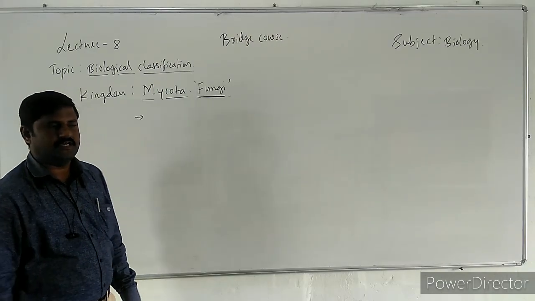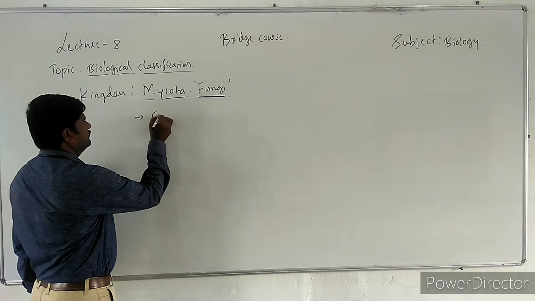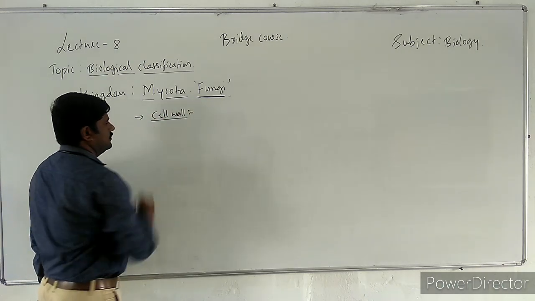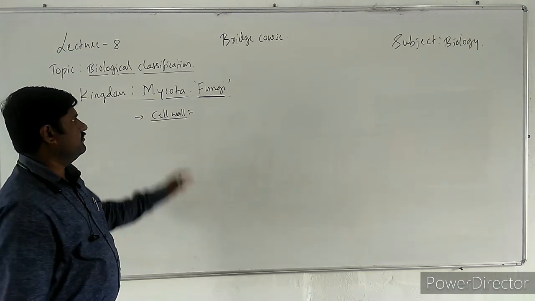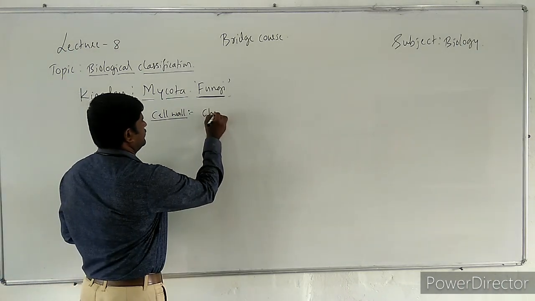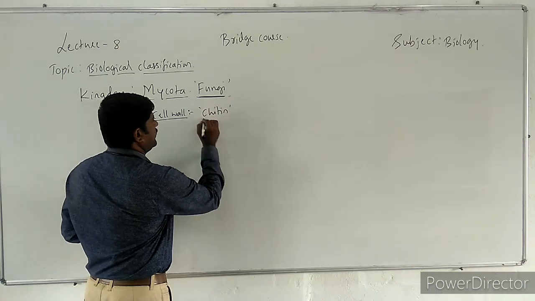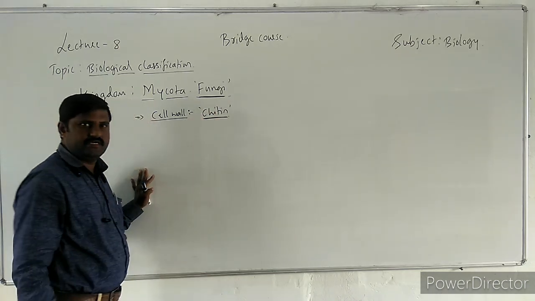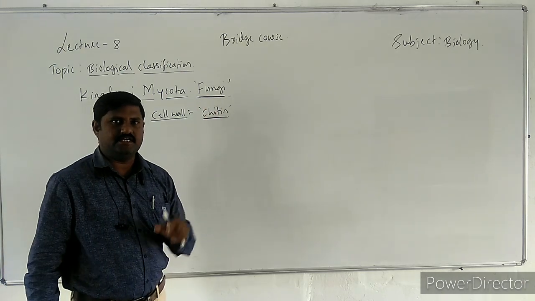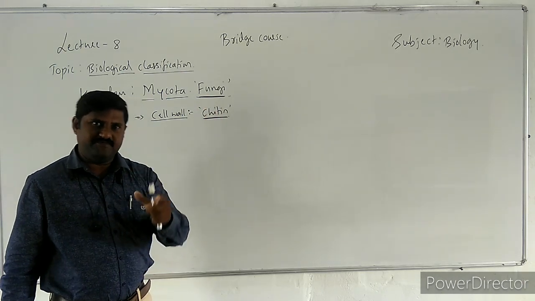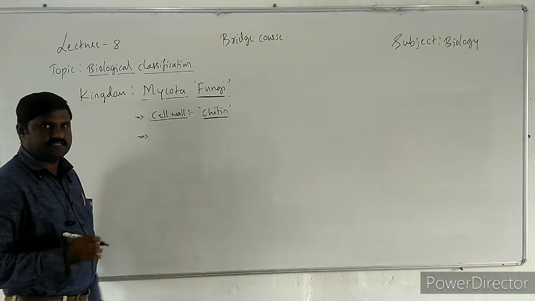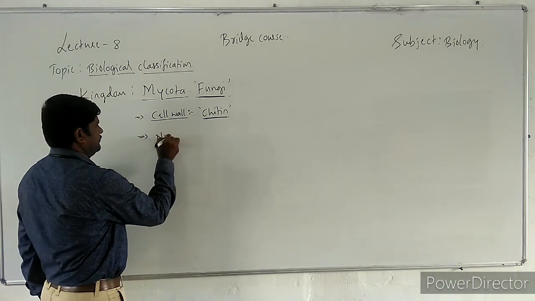Next characteristic feature is cell wall. As I have already mentioned, the cell wall of fungi is made up of chitin. Chitin is the chemical component that forms the wall of the hyphae. The next characteristic feature is nutrition.